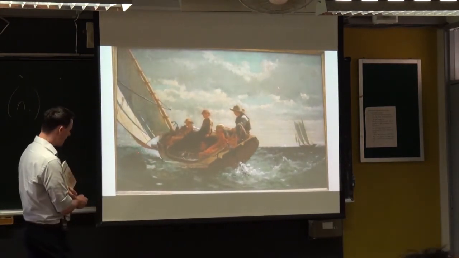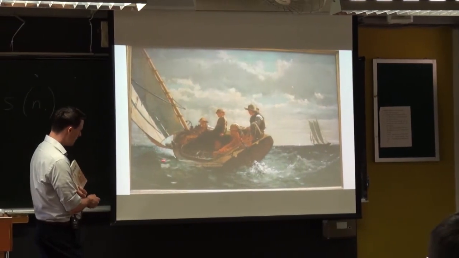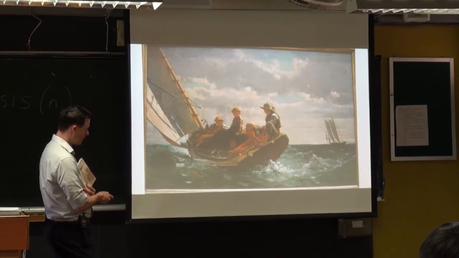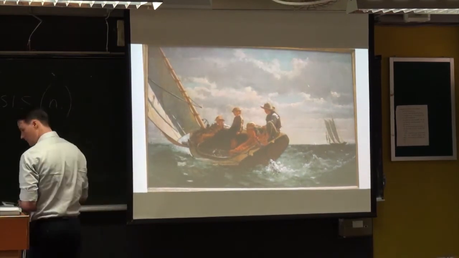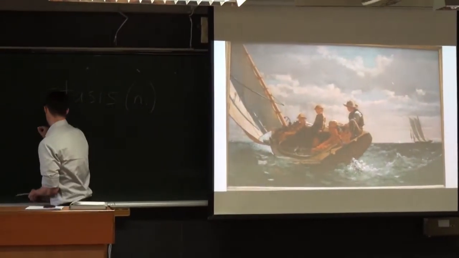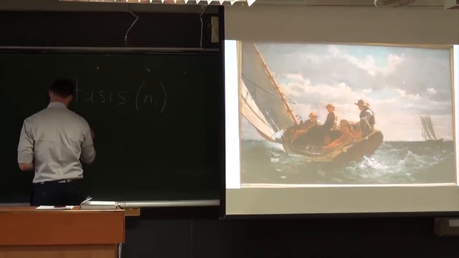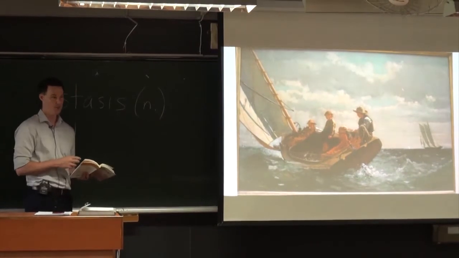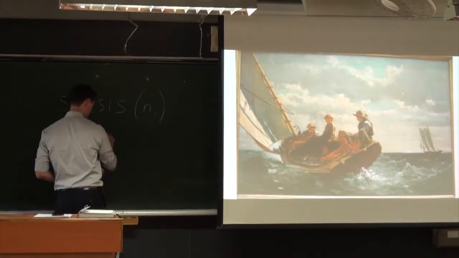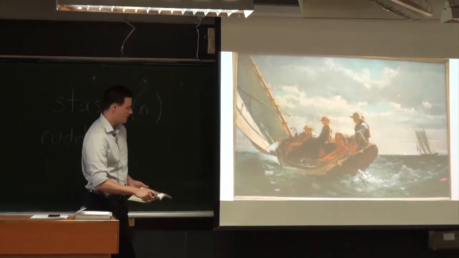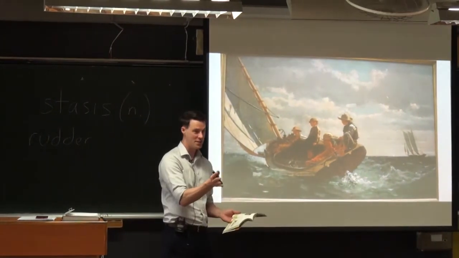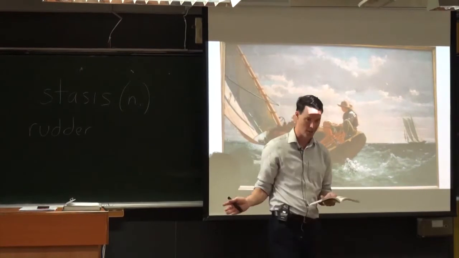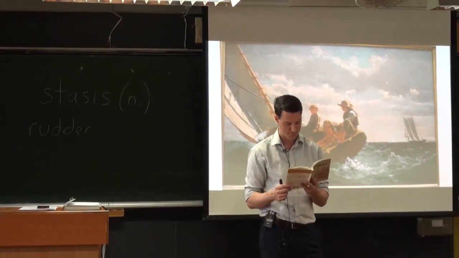You can see the splashing water here. And also here by the rudder. Okay, this is a rudder. Oh yeah, that's one of your vocabulary words, rudder, right? This is the rudder. The rudder steers the ship. Without a rudder, you can't steer. You cannot steer.